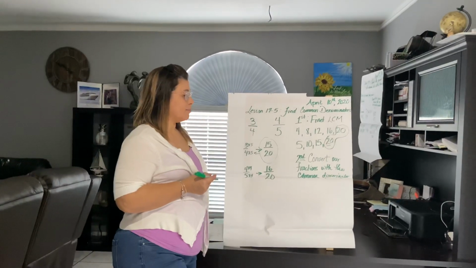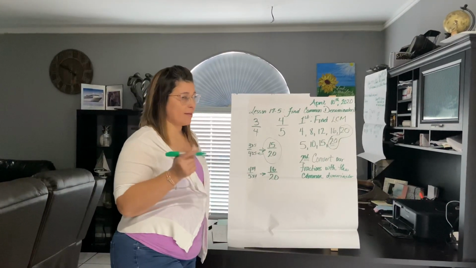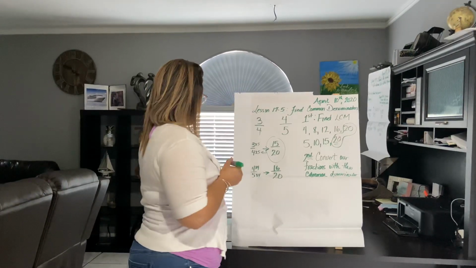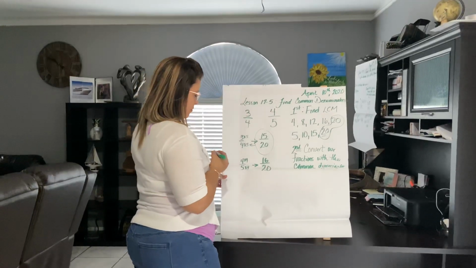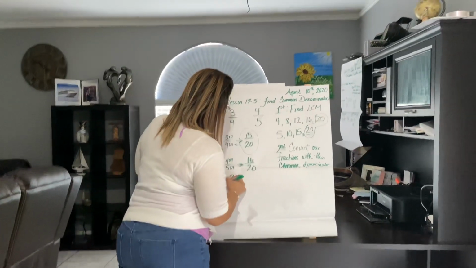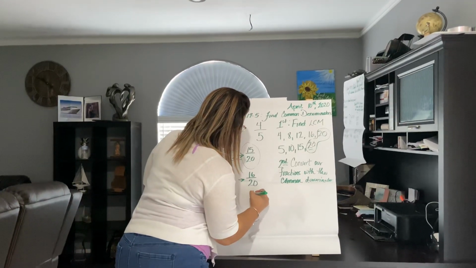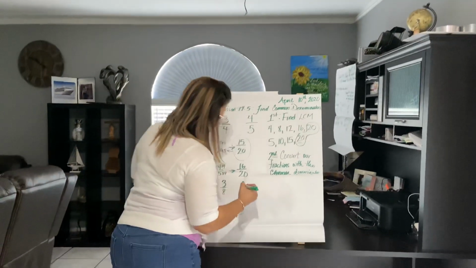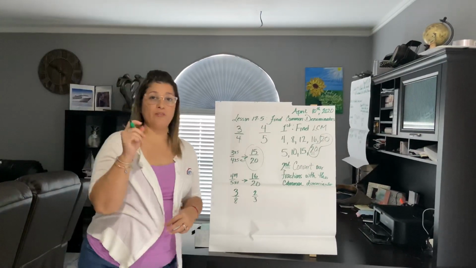That is correct. You want to do another one with me before we leave? So that you can practice a bit more. Let's try 3/8 and 2/3. Okay, so this time I want you guys to pause your video.